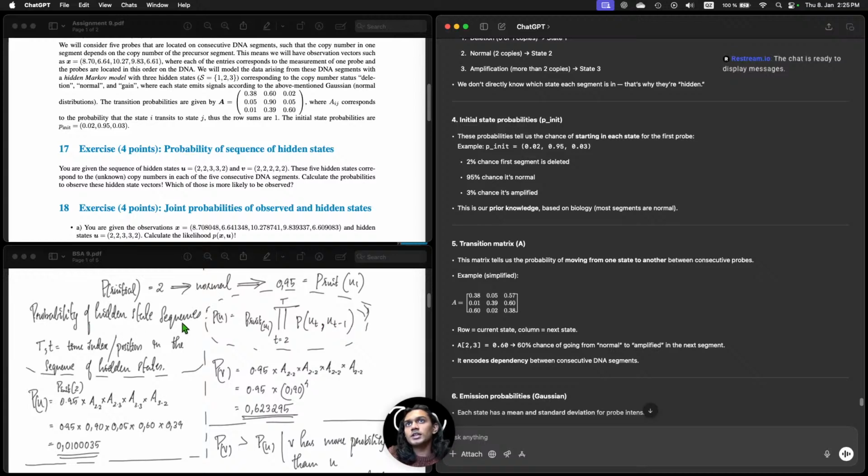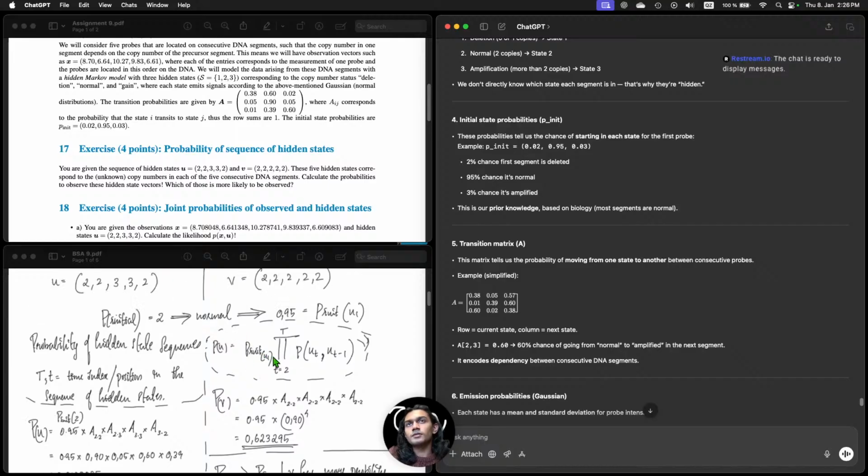Probability of a hidden state sequence: there's an equation where the probability equals the value of the initial state multiplied with the product of transition states from 2 to how many hidden states are in this sequence.